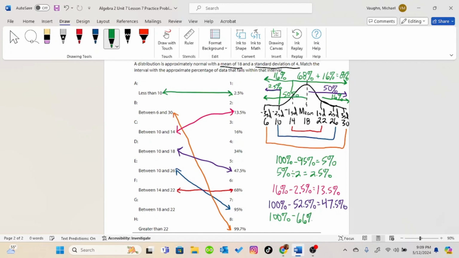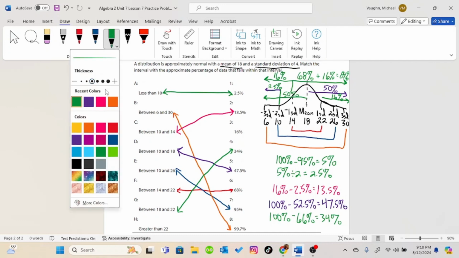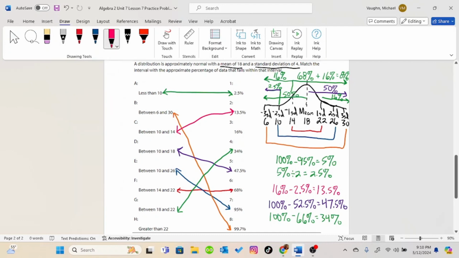So that leaves 34%, so G matches number 4. And finally, H, we've already said that above 22 is 16%. So that means H matches number 3.